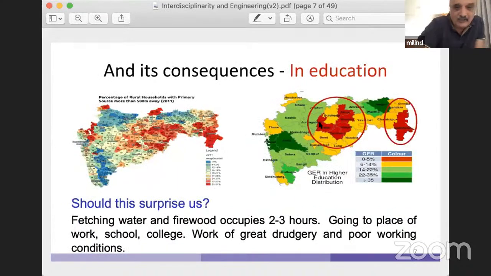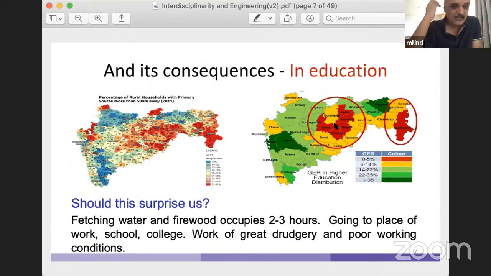So let's understand what its consequences are. On the left side is our familiar drinking water map. And on the right side is the map of GER, that is gross enrollment ratio, that is, how many students of the 12th standard actually go on to college. You will see that the red spots here and the red spots there actually match.